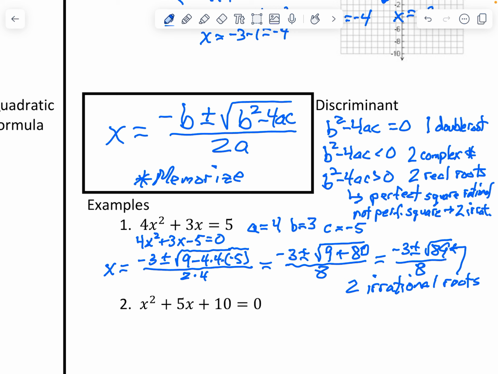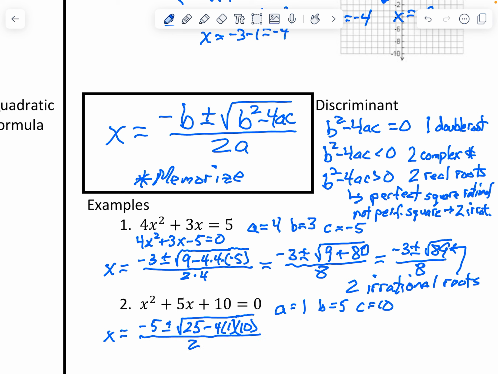Let's identify our a. It's already equal to 0, so a is equal to 1, b is equal to 5, c is equal to 10. So if I put that into the quadratic formula, I get x equals the opposite of b is negative 5 plus or minus the square root of b squared, which is 5 squared is 25, minus 4 times 1 times 10, extend my square root over that, over 2 times 1 is just 2.